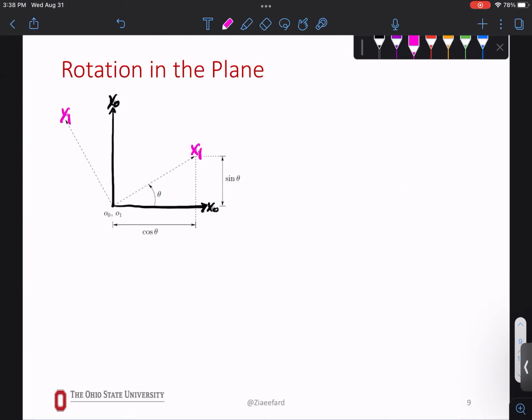It's rotated and the rotation is theta. So we can see that X0 rotated to X1, for theta angle, about what axis? Where is the axis? Where is the X? This is X.